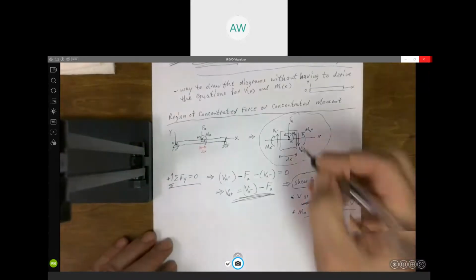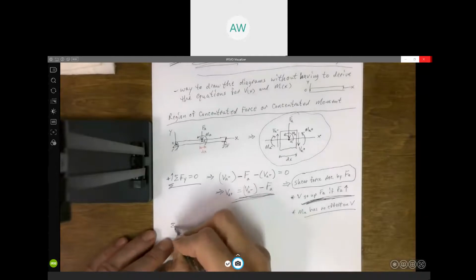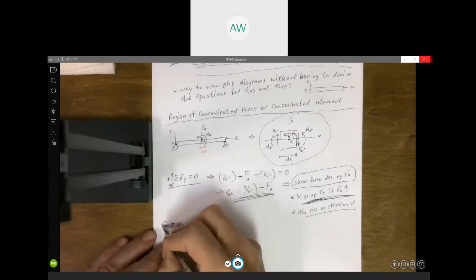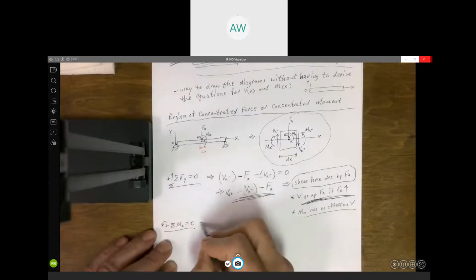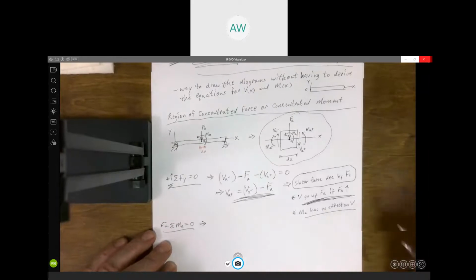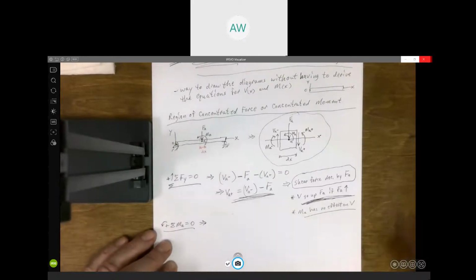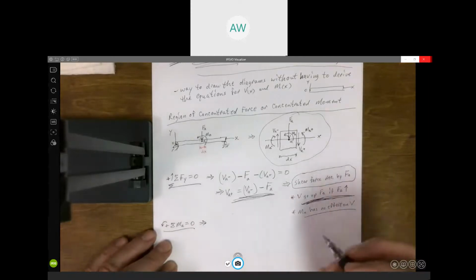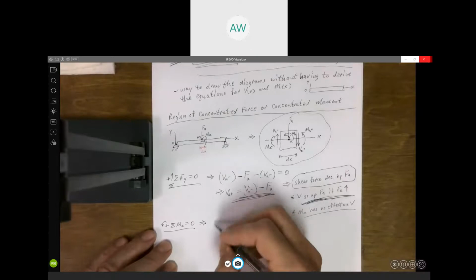But let's sum the moments about point A and see what we get. I'm going to take positive counterclockwise. So we're summing the moments about this point A, where our force FA is applied. So that's not going to cause a moment. We do have our applied moment, MA. So we'll start with that maybe.